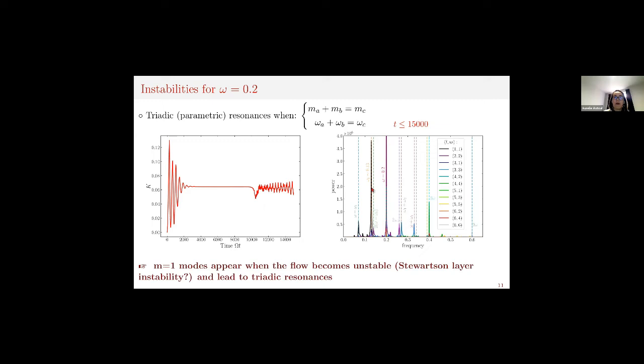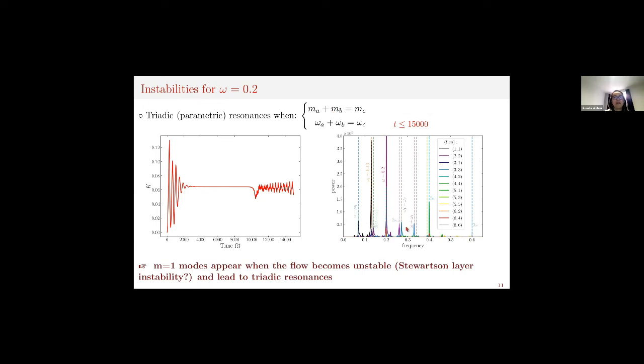What is really interesting here is that if we fix some frequency, for example 0.13, the m equal 1 mode here, we can recover all other frequencies just by doing linear combinations of the frequency and also of the azimuthal number.